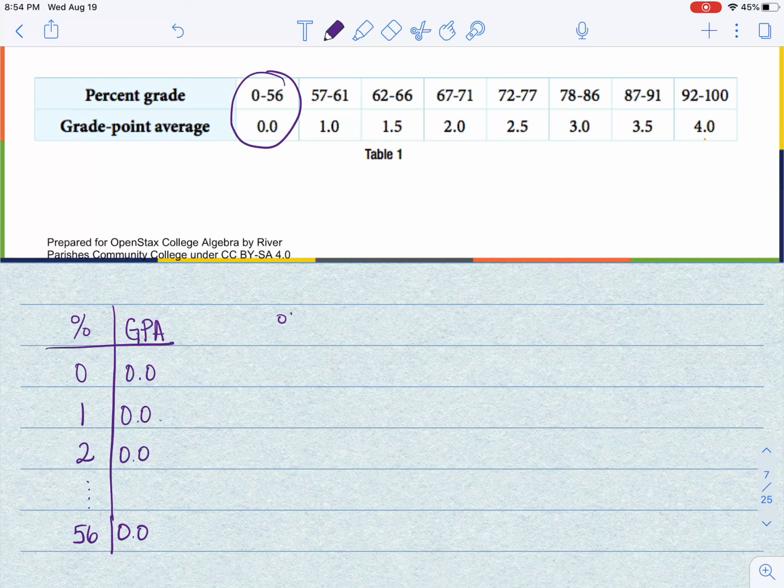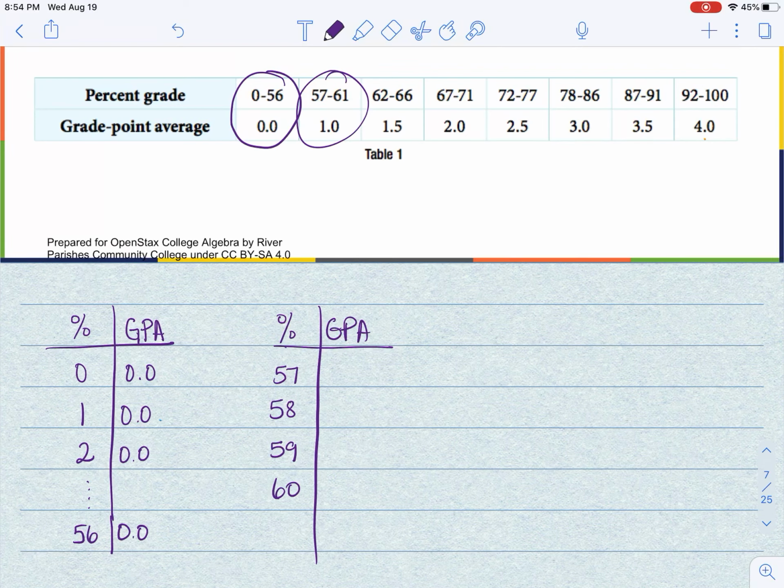Then we just keep going, and I don't want to write all those numbers, so I'm just going to start back up here. Then this next one, 57 through 61, so we have 57, 58, 59, 60, 61.